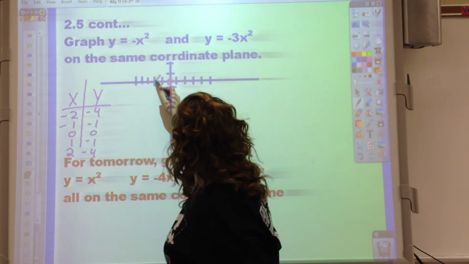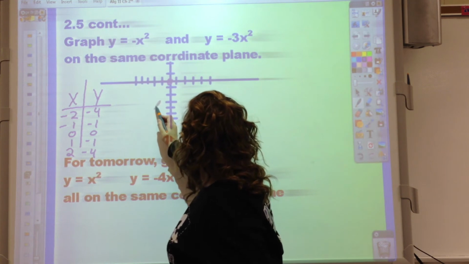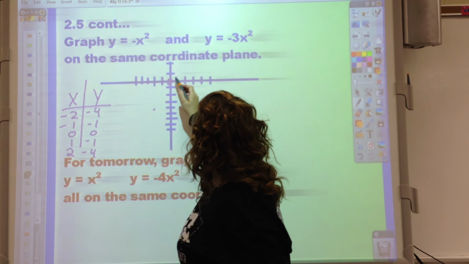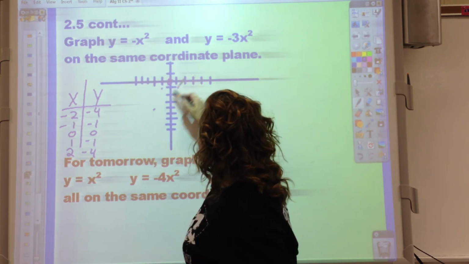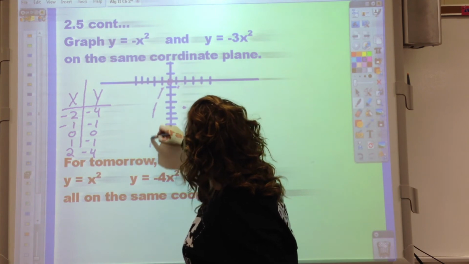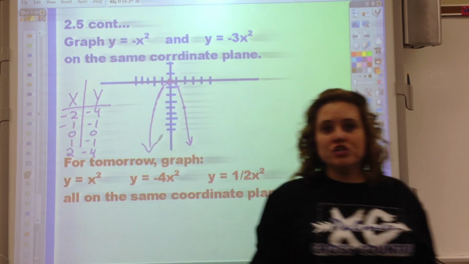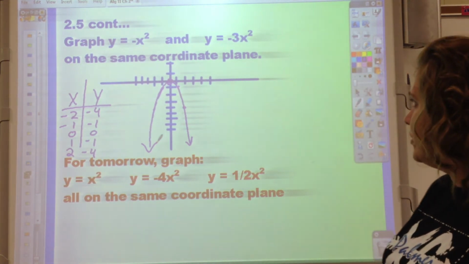Then I have negative 2, negative 4, and this is an exact point, isn't it? So I'm actually going to be able to get 5 exact points on this one. When I connect these dots, I see this perfect parabola shape that is facing downward.